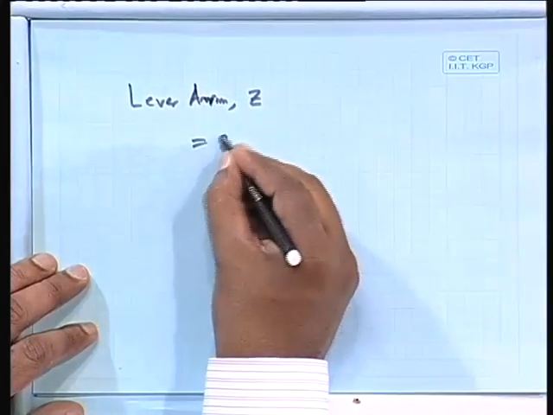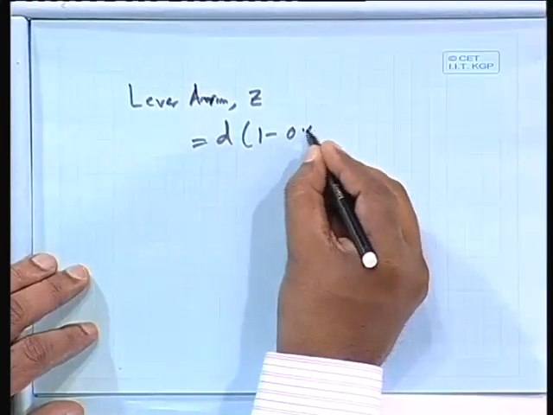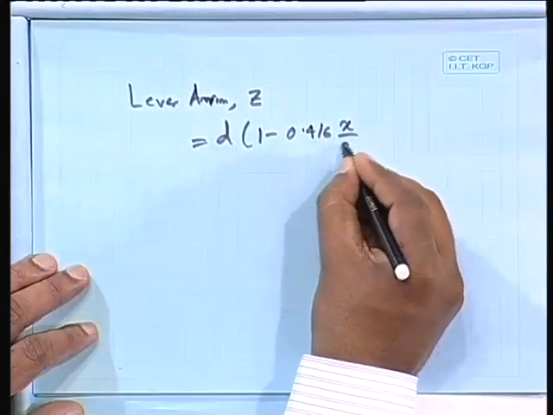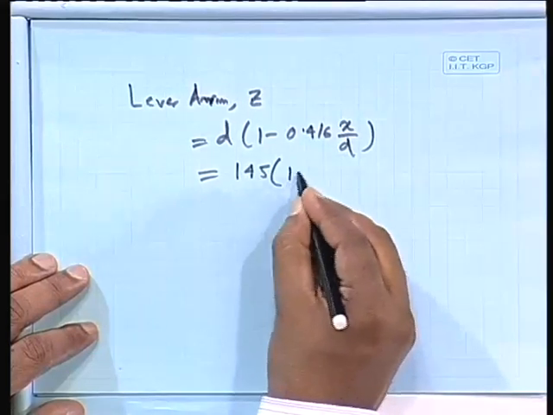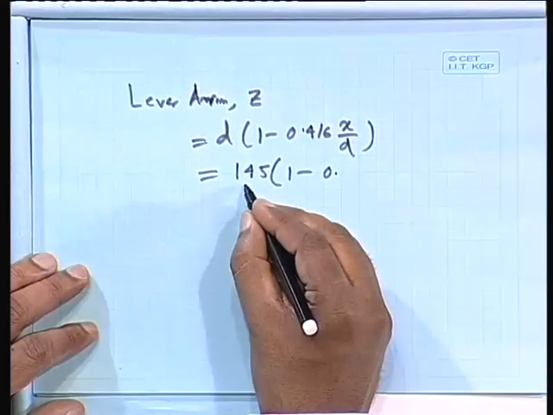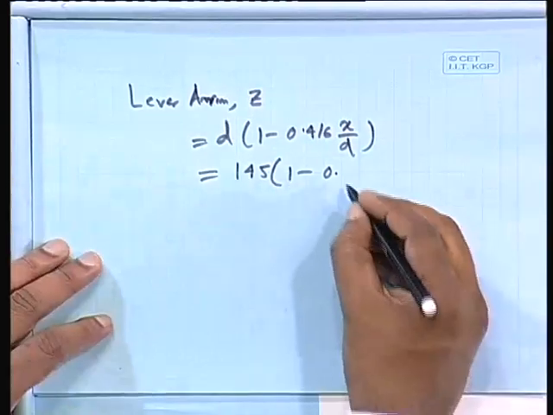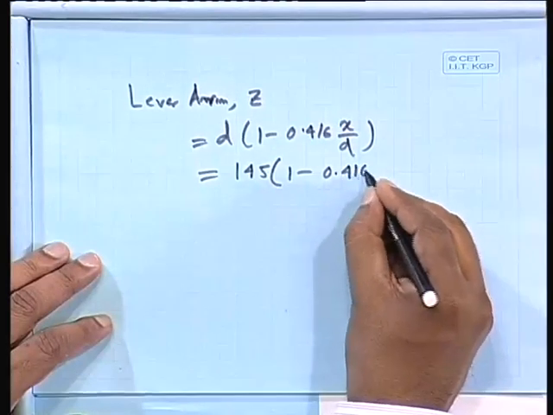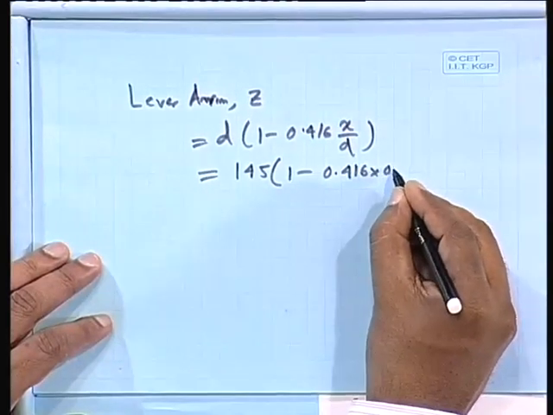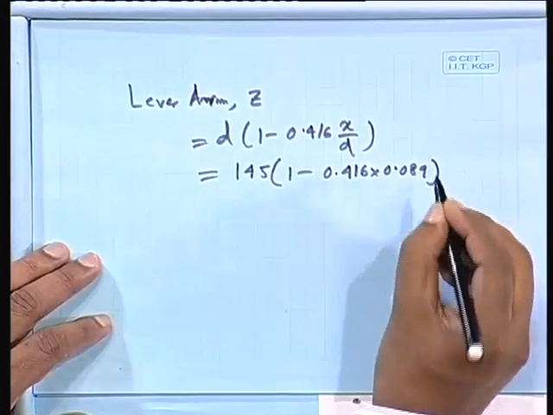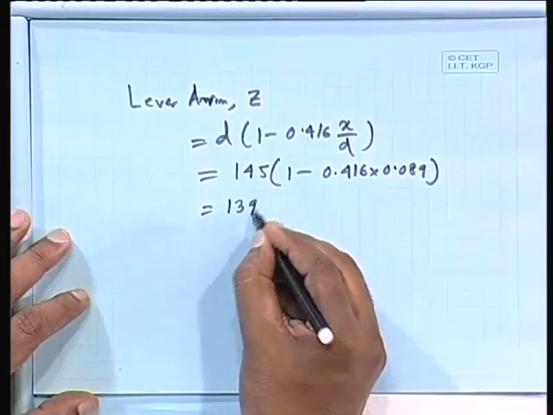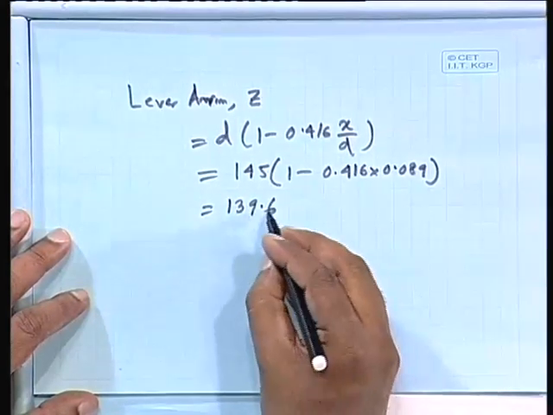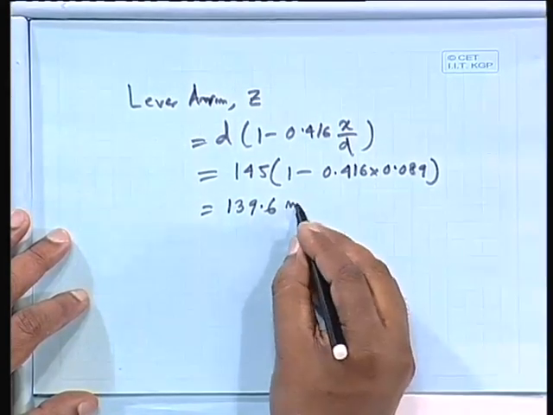Now lever arm Z equal to d times 1 minus 0.416 x by d, which comes as 145, not 155, 145 because we are doing in the other direction, 1 minus 0.416 times 0.089, which comes as 139.6 millimeter.